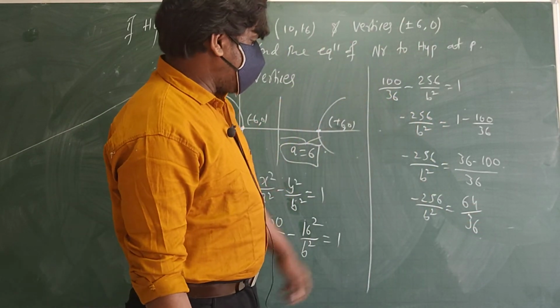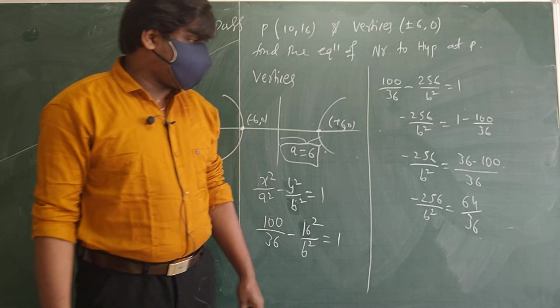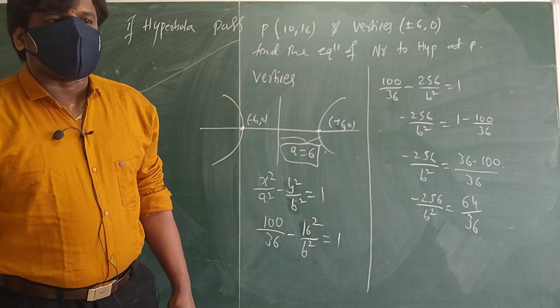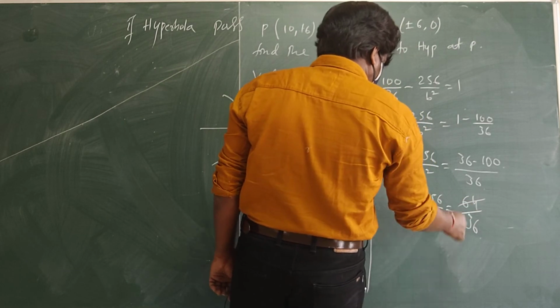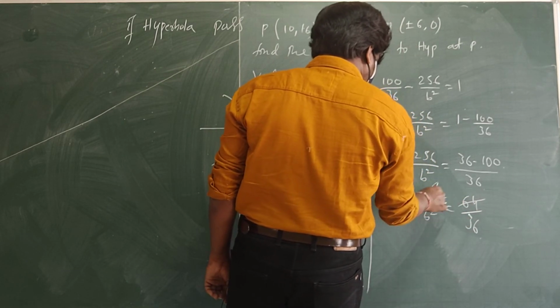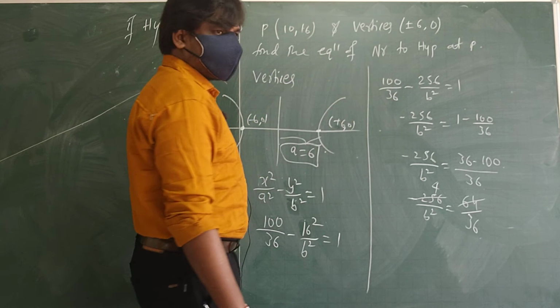Now you can cancel 64. How many times does it cancel? 64 fours are 256.